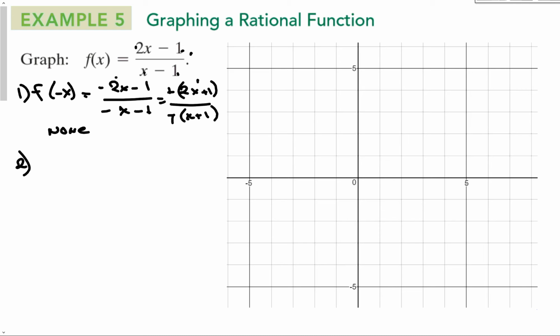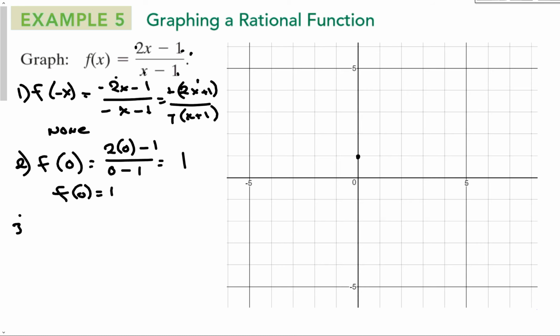Next, let's find the y-intercept. So we're going to find f of 0. That turns into 2 times 0 minus 1 over 0 minus 1, which is negative 1 over negative 1, which is 1. Okay, that's nice. One point done. So f of 0 is equal to 1. Next, find the x-intercepts.